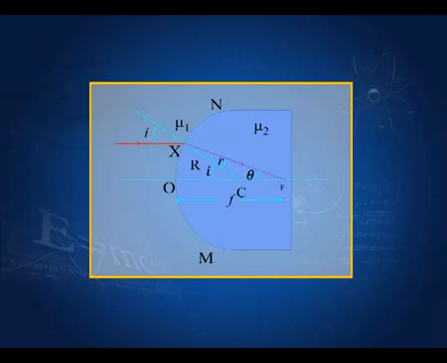Moreover, assuming that these are small angles, i times r is equal to theta times f, because this distance is i times r or theta times f.